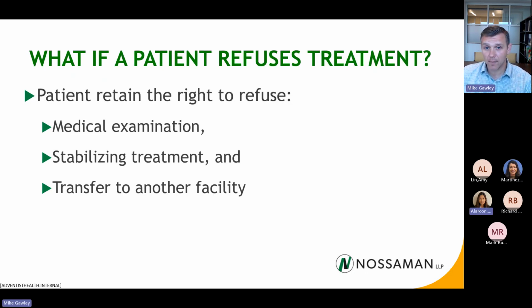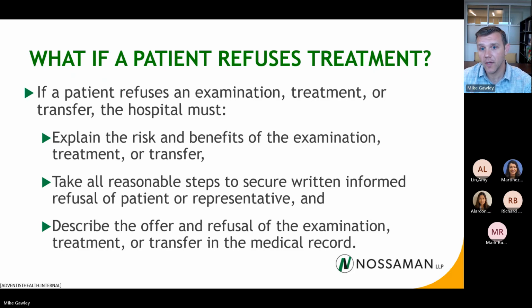One thing that often comes up in EMTALA too is patients refusing treatment. Patients under EMTALA don't have to submit to a medical examination or stabilizing treatment or to a transfer. They can refuse that. And there are certain things that physicians should do when that happens. If a patient refuses any of the required treatment options under EMTALA, the hospital has to explain the risks and the benefits of what they're proposing.